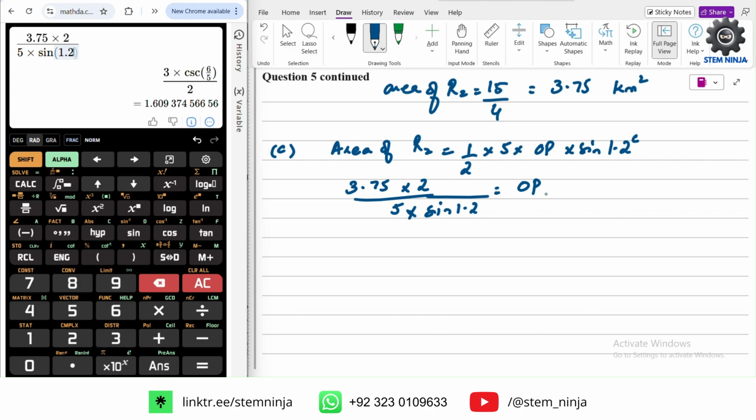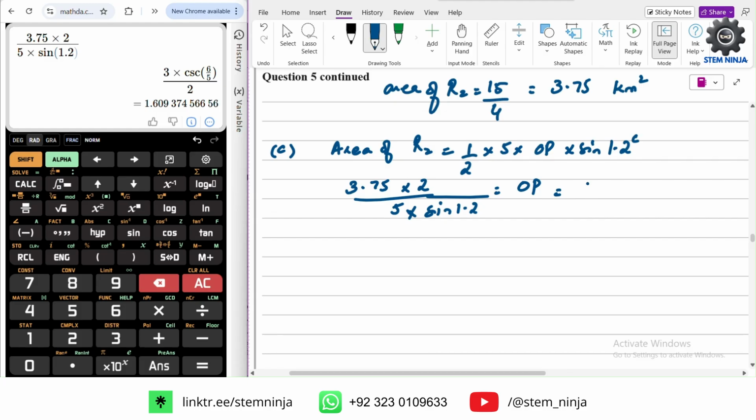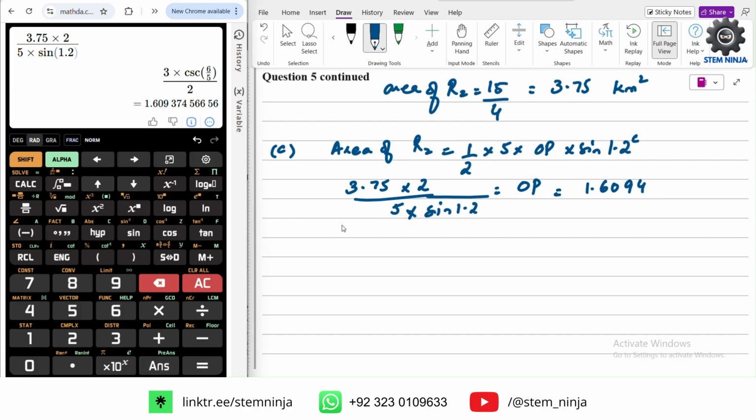This is going to be 1.6094. Remember, this is an intermediate answer, so we need to use better accuracy here, so we can save it as an answer also.